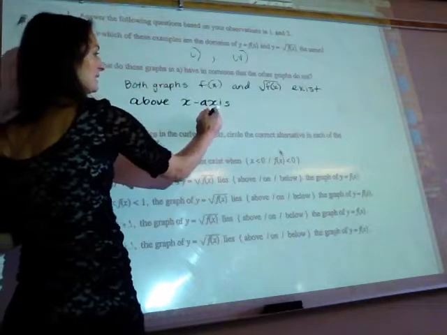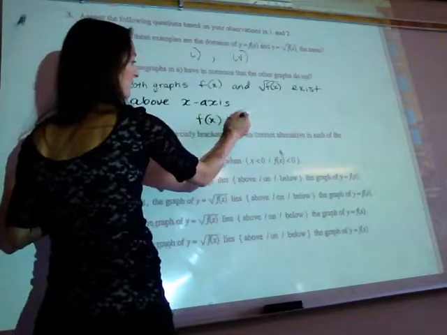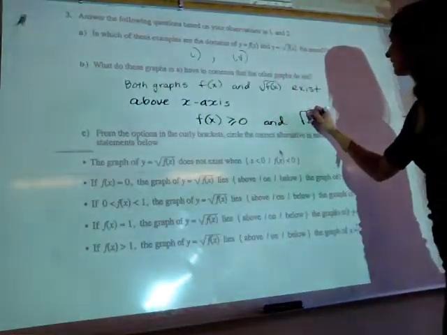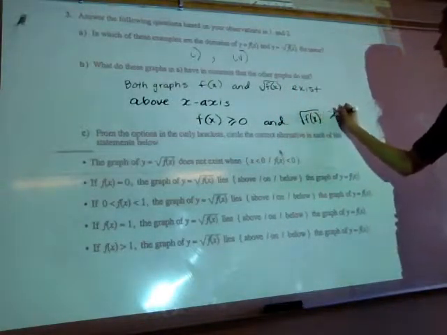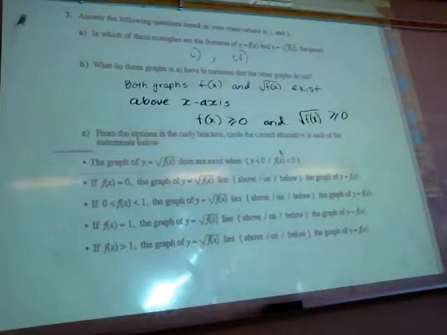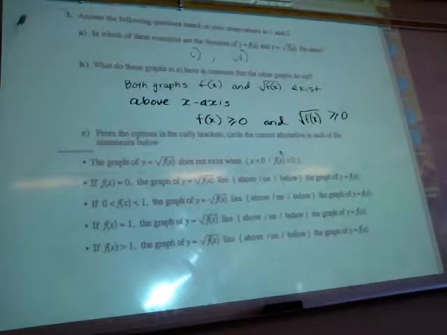In other words, we can say that f of x is greater than or equal to 0, and the square root of f of x is greater than or equal to 0. So if those graphs are on the x-axis and above, they're going to have the same domain and range.